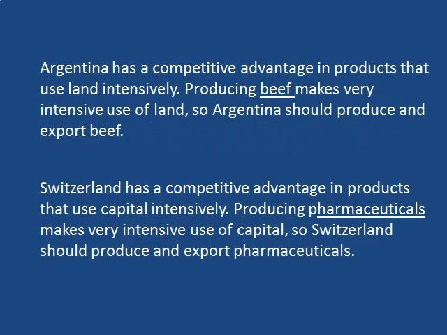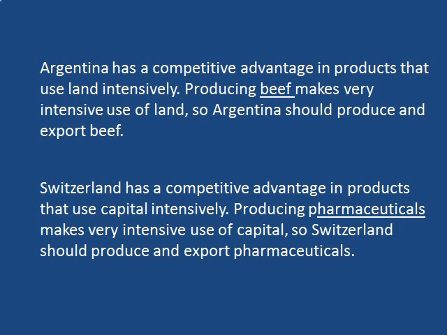Argentina has a competitive advantage in products that use land intensively. Producing beef makes very intensive use of land, so Argentina should produce and export beef. Switzerland has a competitive advantage in products that use capital intensively.